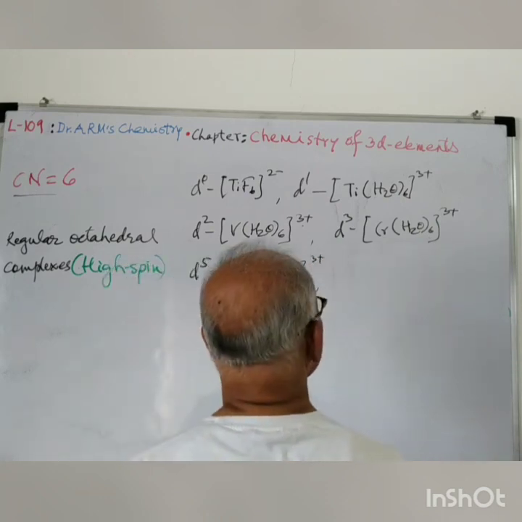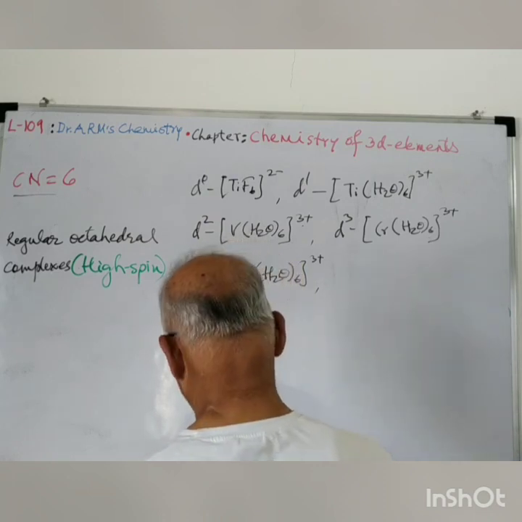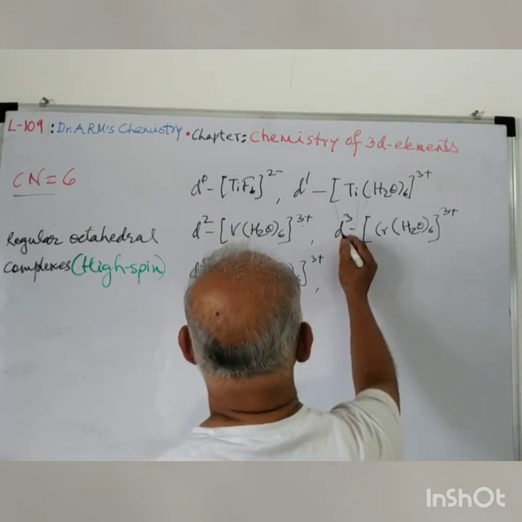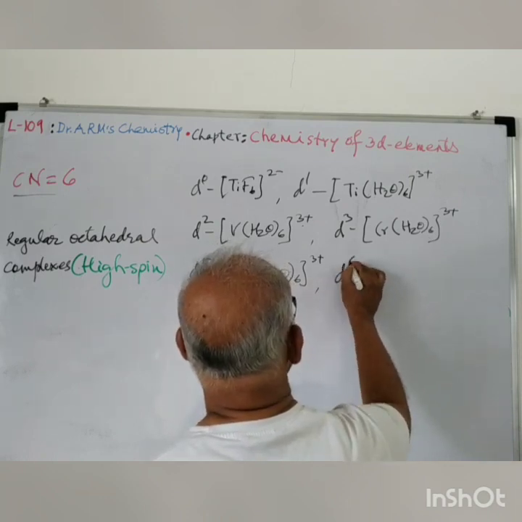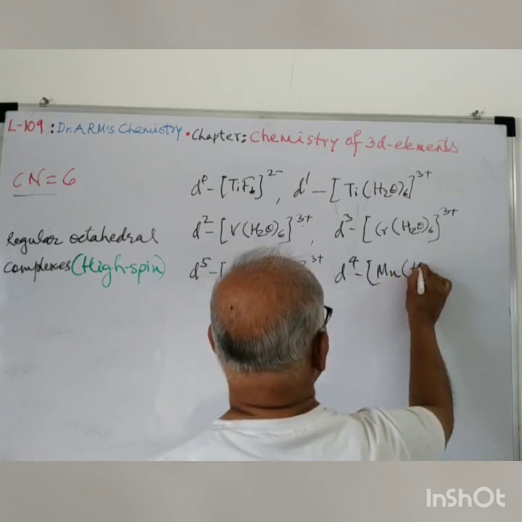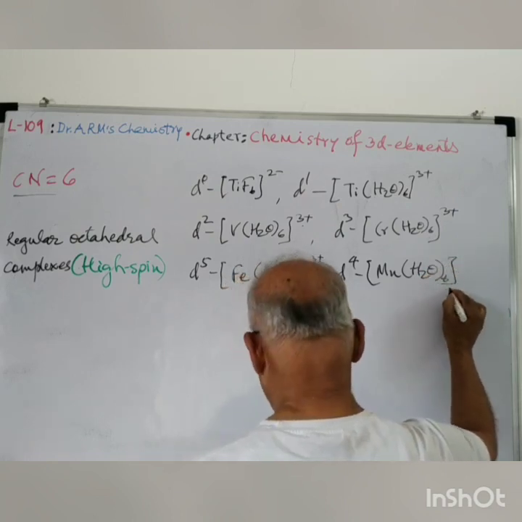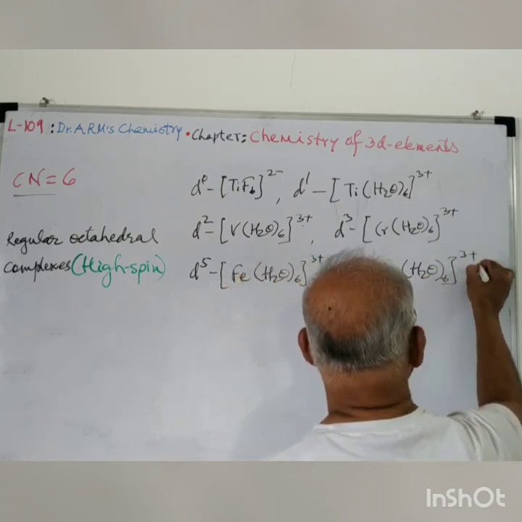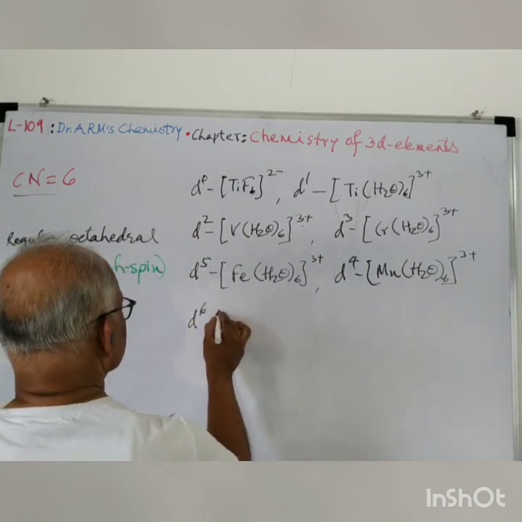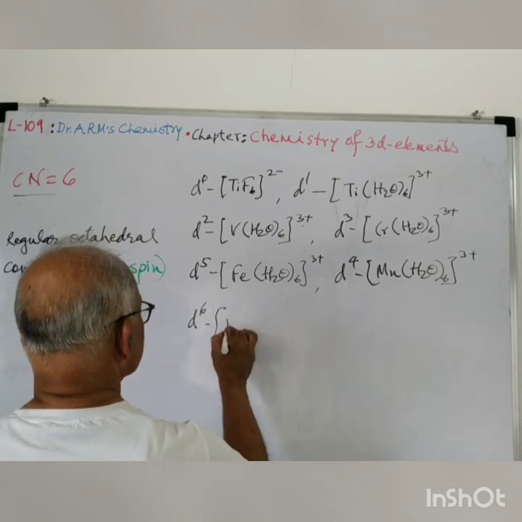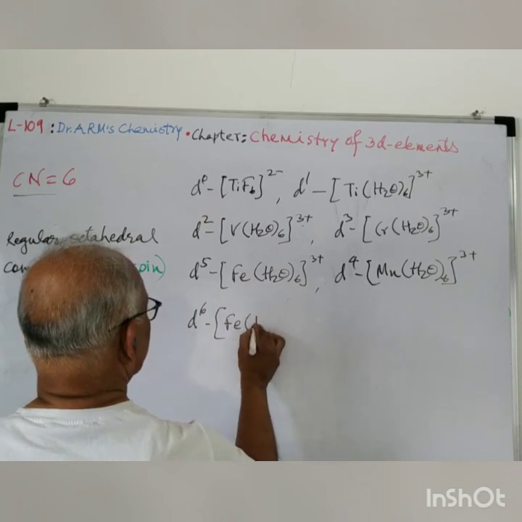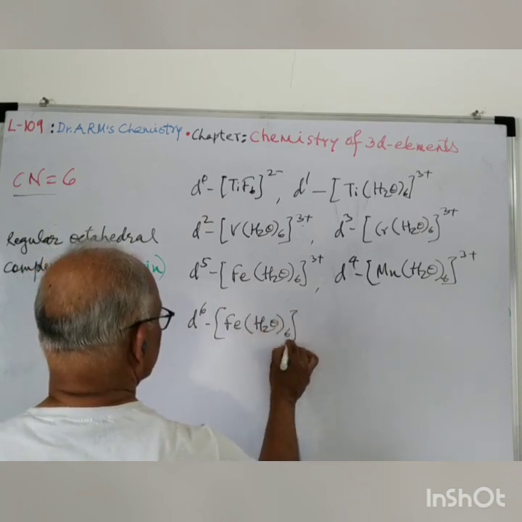Then with d6, we see d4 is missing here. The d4 configuration is Mn(H2O)6 3+. Then d6 configuration, Fe(H2O)6 2+.